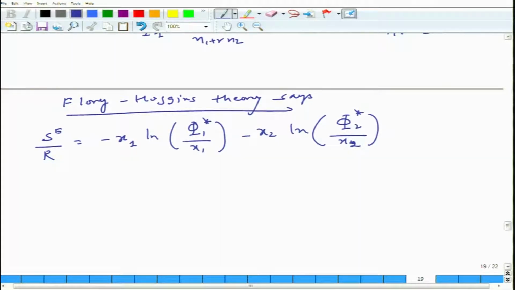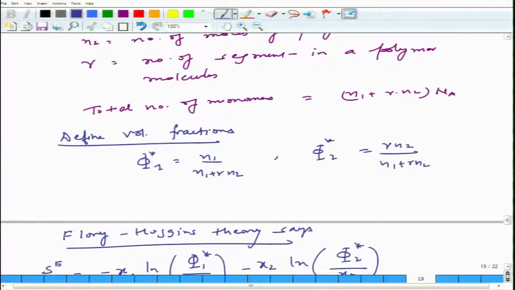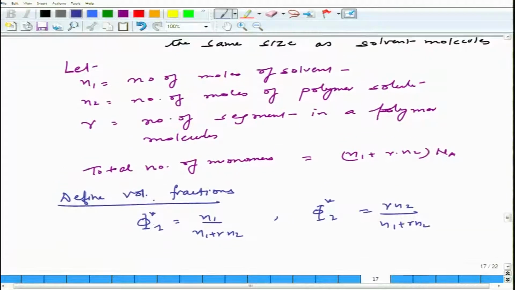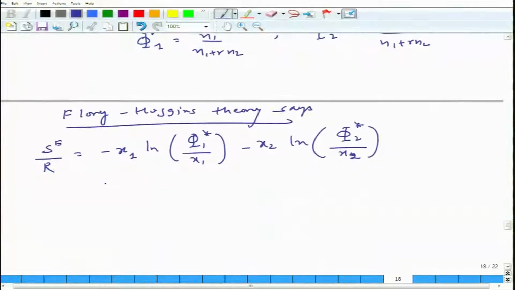Okay. Now, you can also rewrite this expression in terms of mole fraction, replacing x1 in terms of r. Since x1 is N1 over the total moles, you can consider x1 in terms of these moles.